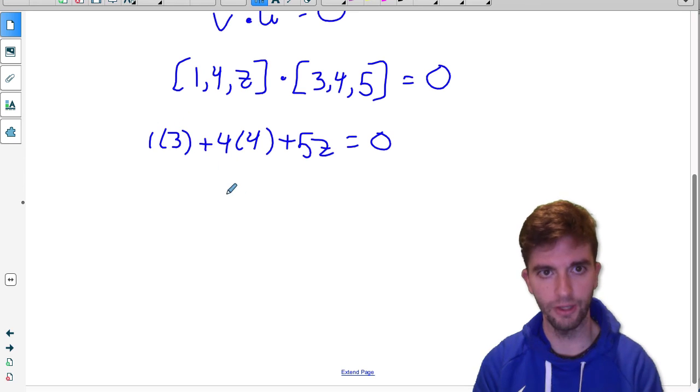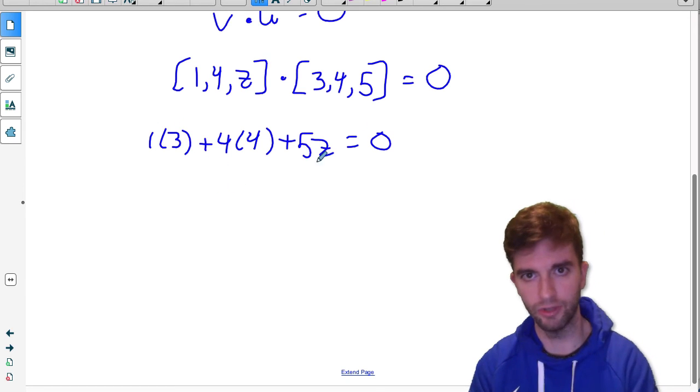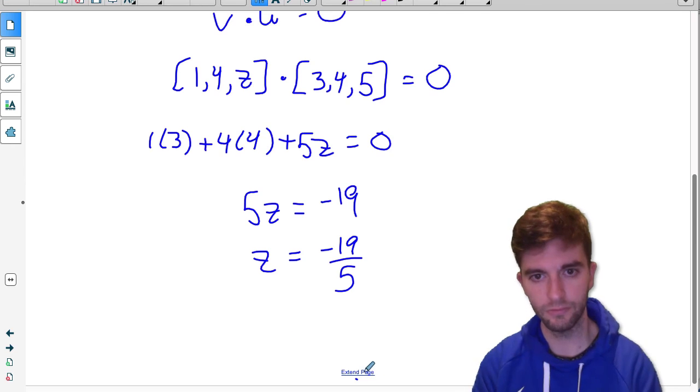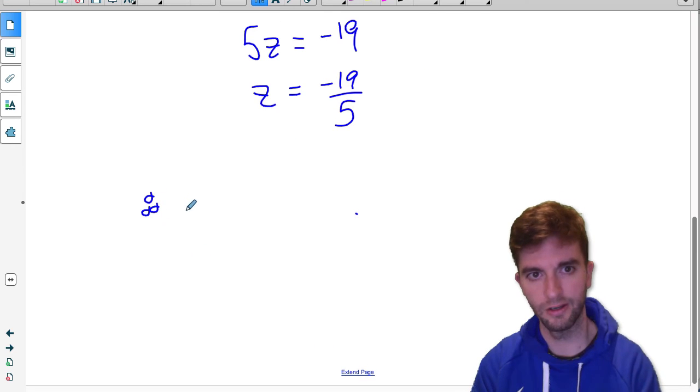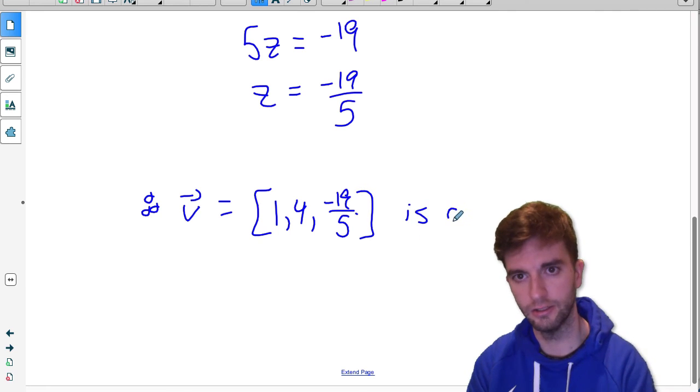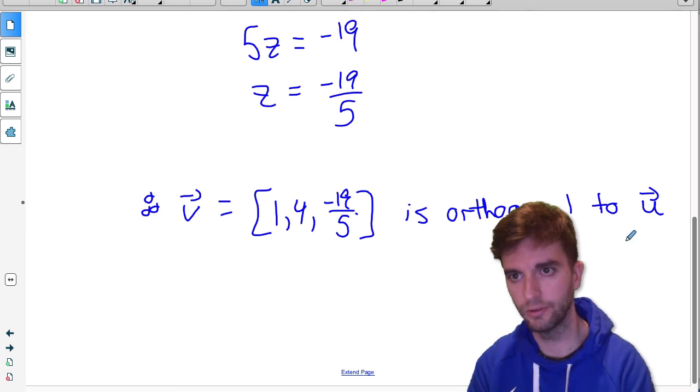So 16 plus 3 is 19. Move the 19 over, I get 5z equals negative 19. z equals negative 19 over 5. Therefore, vector v, which was 1, 4, z, so 1, 4, negative 19 over 5, is orthogonal to vector u.